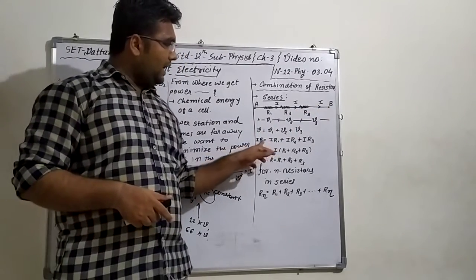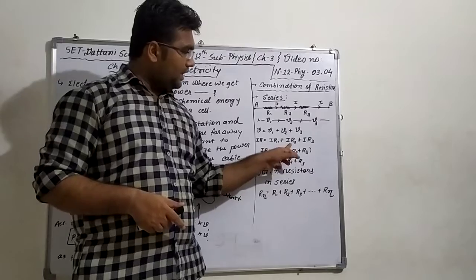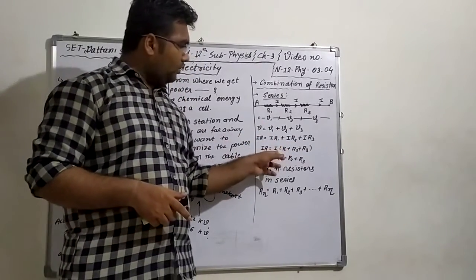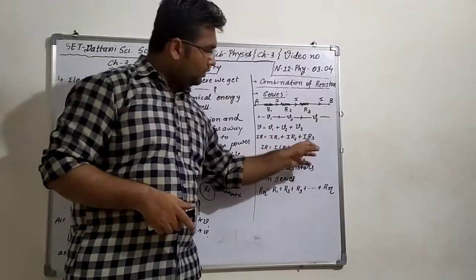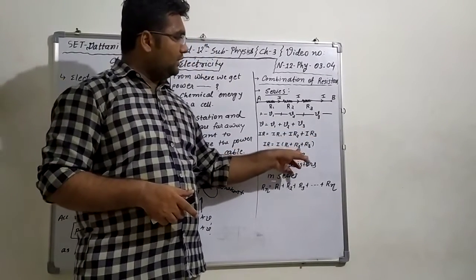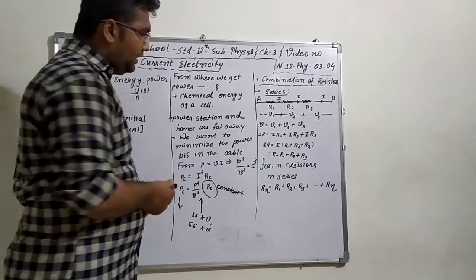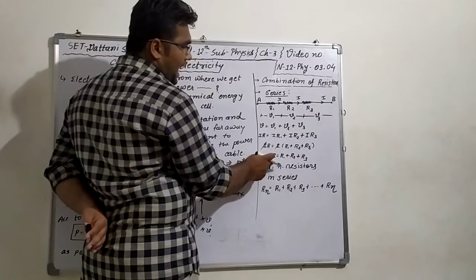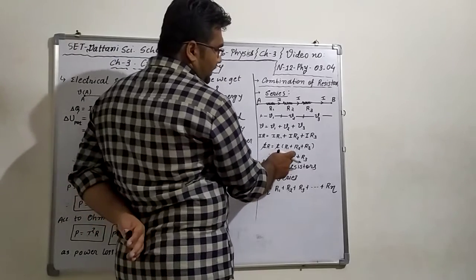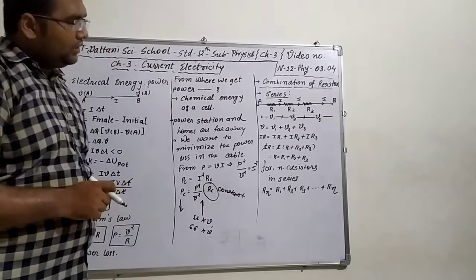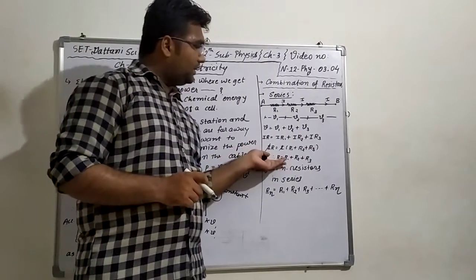So we get IR equal to IR1 plus IR2 plus IR3. Now we take I common from all three terms, so we get I into bracket R1 plus R2 plus R3. I and I cancel here, so we get R equal to R1 plus R2 plus R3. So this is the resistance.